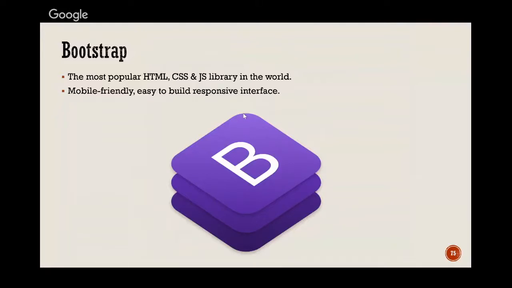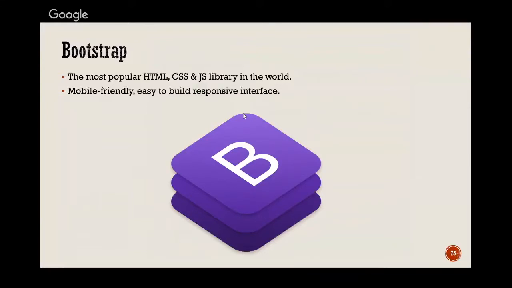If you still recall, in the morning we said that your server may receive requests from many different clients. So the client can be a laptop, can be a PC, or can even be a smartphone. Another thing that we mentioned is that your website design may look very good on a PC or on a laptop, but because the smartphone screen size is much smaller, it may not look good anymore on a smartphone.